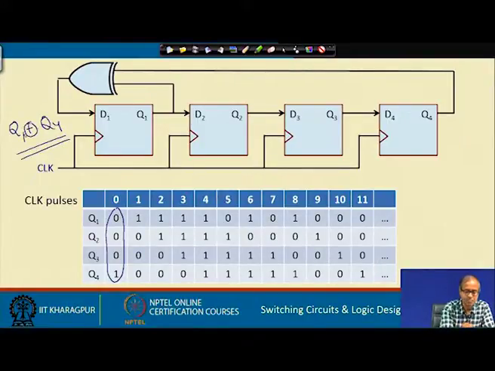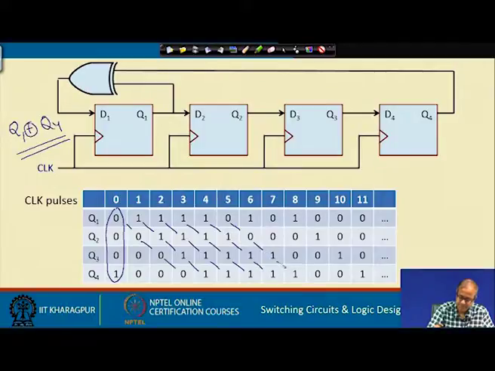You take the exclusive OR of Q1 and Q4 and whatever it is, that is the next bit that will be shifted in. In this LFSR, the first thing is that it is a shift register, so this shifting is taking place just like a normal shift register. With the clocks, the bits are getting shifted like this.